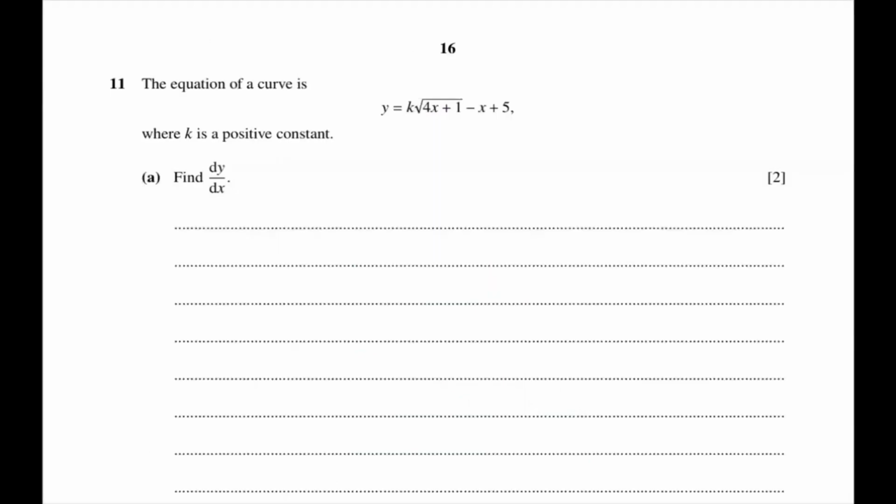All right, now question number 11 says, the equation of the curve is y equals to k times square root of 4x plus 1 minus x plus 5, where k is a positive constant. You need to find the derivative of y with respect to x.